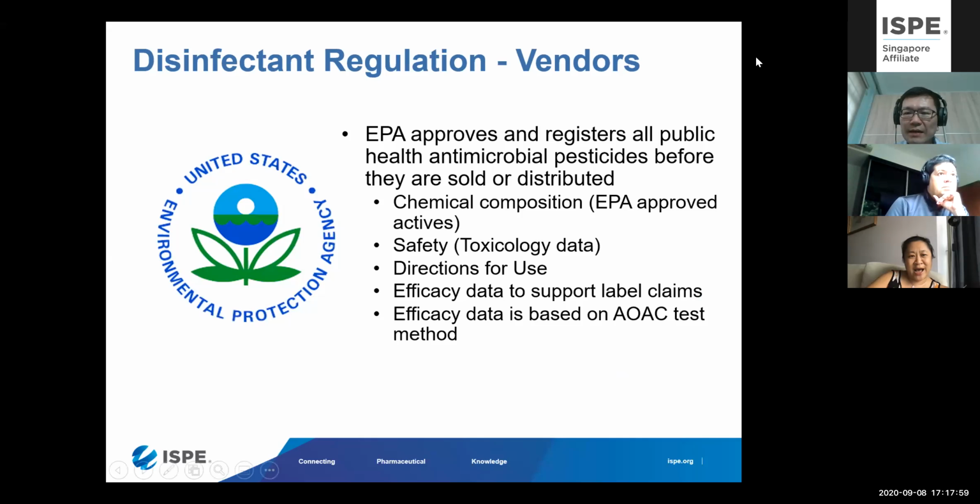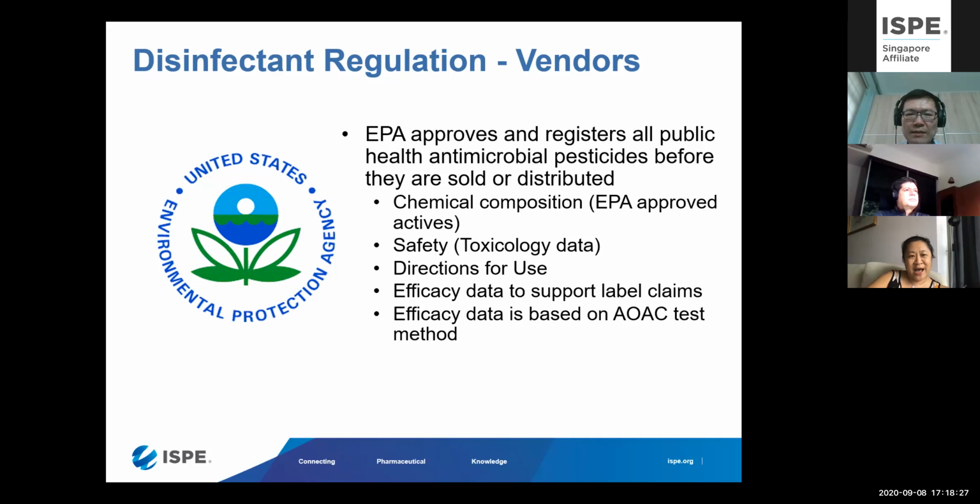So EPA approves and registers all the antimicrobial pesticides that are sold in the US. What this means is that all the vendors and the manufacturers will need to declare the chemical composition, and make sure that the EPA approves the antimicrobial actives used in their chemical disinfectants.